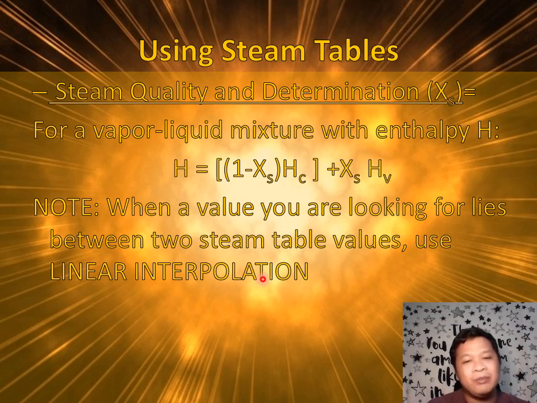Siyempre kaya nauso yung steam tables dati dahil wala pa naman yung mga calculator natin, manual. And then what people would do is use those tables to calculate for values in between. No? Like what if ang increments ng temperature mo is 3 degrees lang, 3, 6, 9 degrees Celsius, and then pinapahanap sa'yo ay 7 degrees Celsius na value. So you have to do linear interpolation.